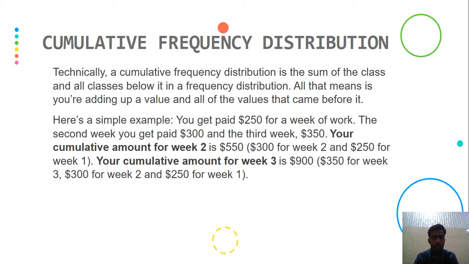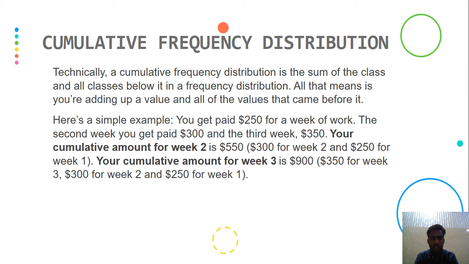Cumulative frequency distribution. Technically, a cumulative frequency distribution is the sum of the class and all classes below it in a frequency distribution. All that means is you are adding up a value and all of the values that came before it. Here is an example. You get paid $250 for a week of work. The second week you get paid $300, and the third week $350.